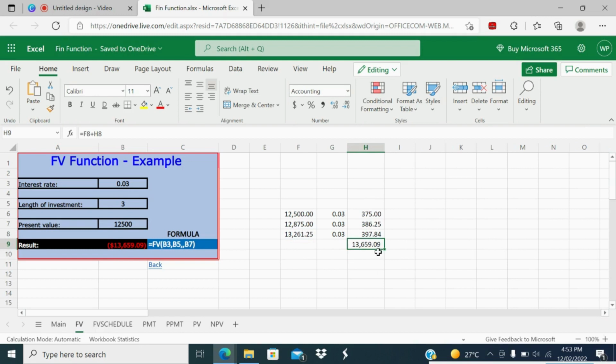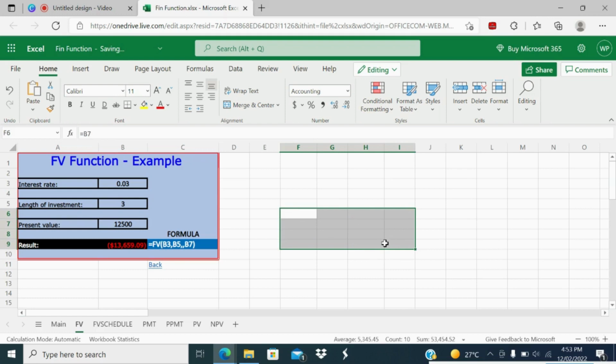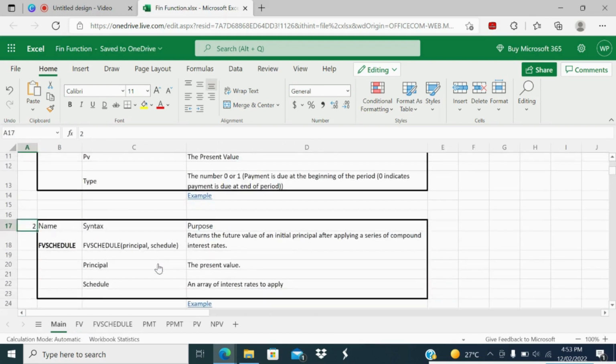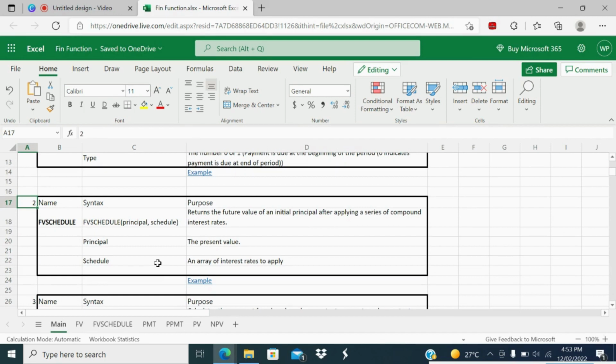So this is how you cross-check the result the function gave, whether your manual calculation matches or not. Let me move on to another function, that is FVSCHEDULE. FVSCHEDULE returns the future value of an initial principal after applying a series of compound interest rates.